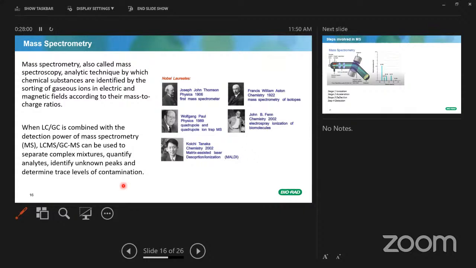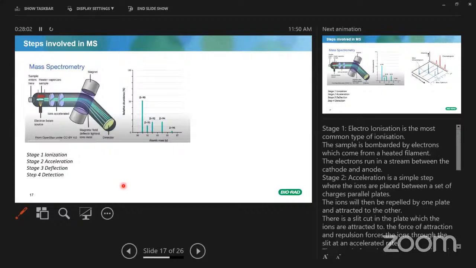Now, looking at the steps involved in a mass spectrometer, this is a brief architecture, and there are basically 5 steps in MS. Once the sample comes from the chromatography instrument, be it liquid or gas, there is a step called ionization.